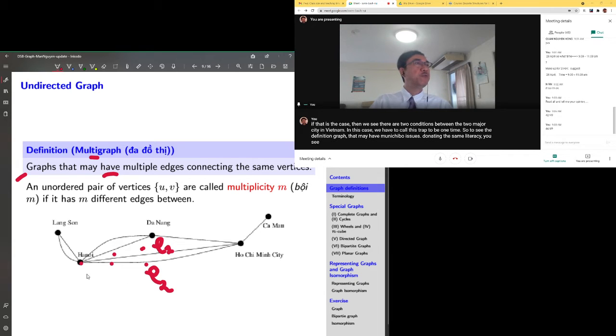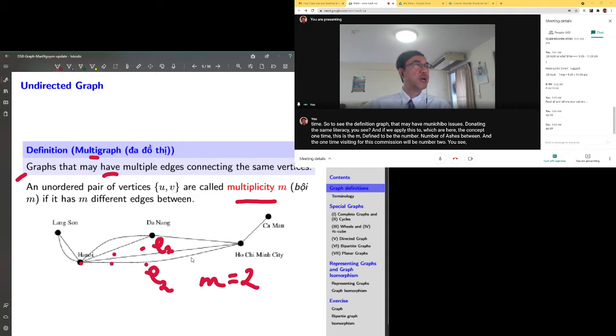And if we apply this to the picture here, the concept of multiplicity, M, is defined as the number of edges between Hanoi and Ho Chi Minh City, and the multiplicity for this connection will be 2.